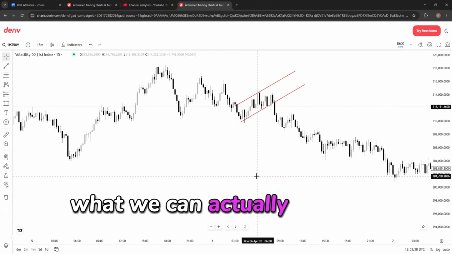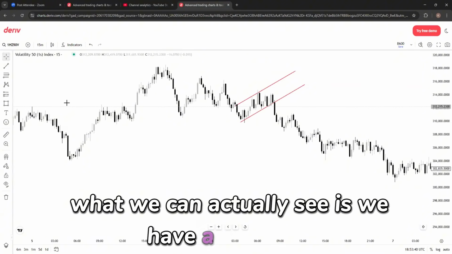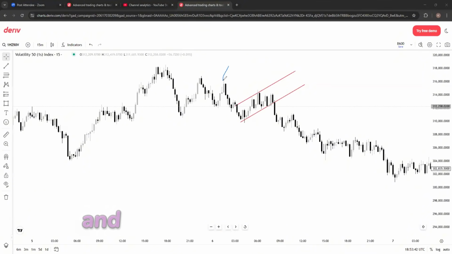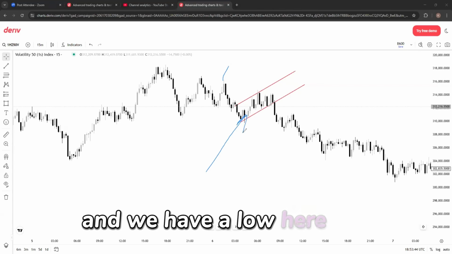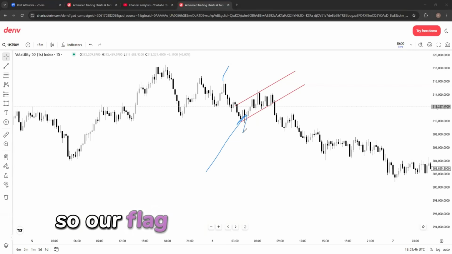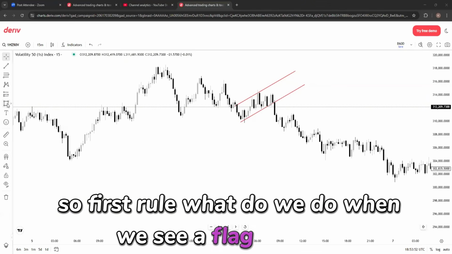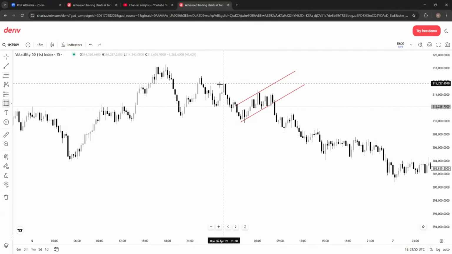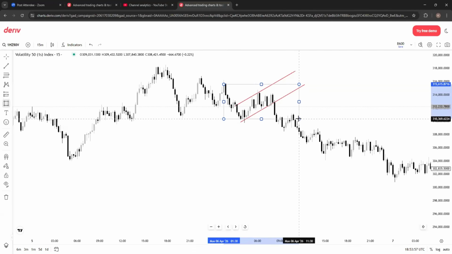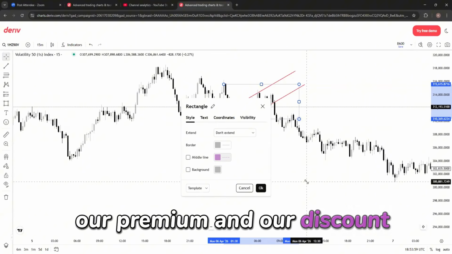what we can actually see is we have a high here and we have a low here, right? So our flag is now facing upwards. So first rule, what do we do when we see a flag? We mark our premium and our discount.